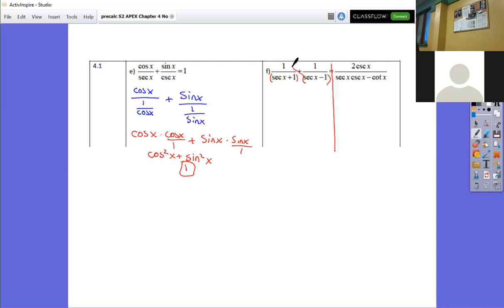So if I multiply this up here, I get secant of x minus 1. And then I'm going to multiply this one up here. Do you guys see what I'm doing without writing it all out? I'm actually just finding that common denominator by multiplying the top and the bottom by the opposite denominator.